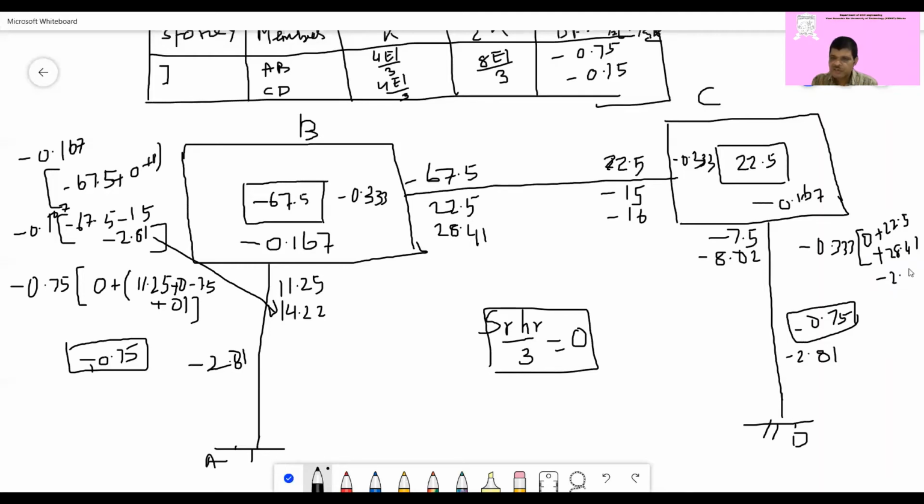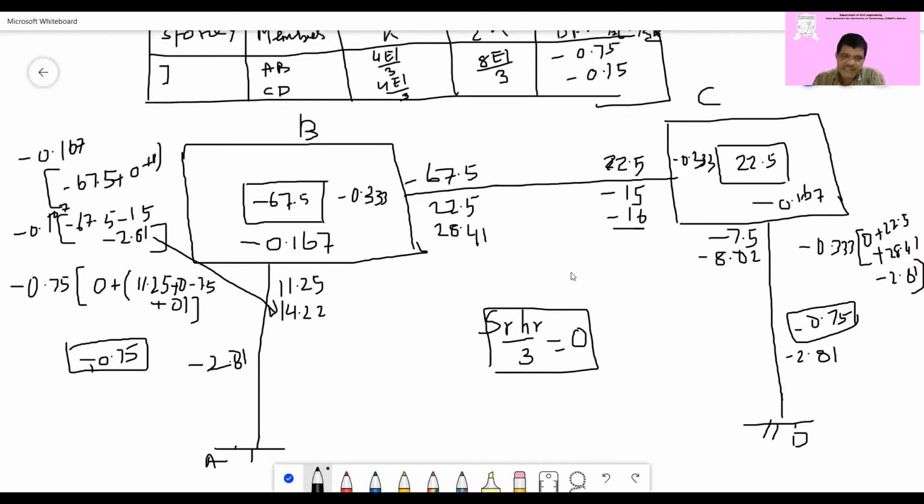If you add all these things, you find the value here is minus 16. We can say 22.5 plus 28, it comes around 50. 50 minus 2, 48. 48 by 1 by 3 becomes minus 16. So it is minus 16.0 something and it will come minus 8.02 after multiplying 0.167.